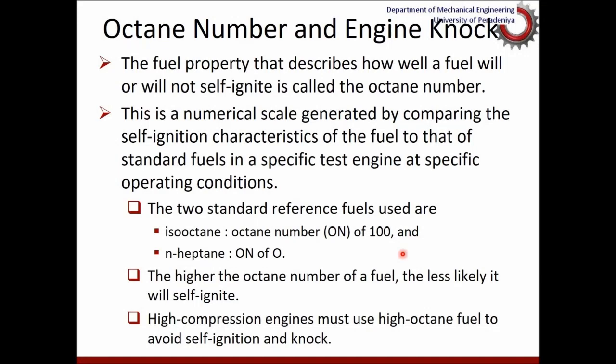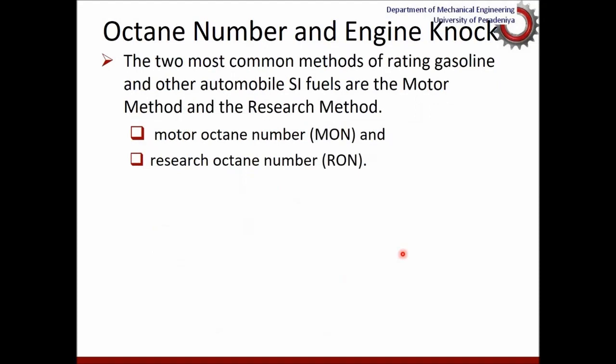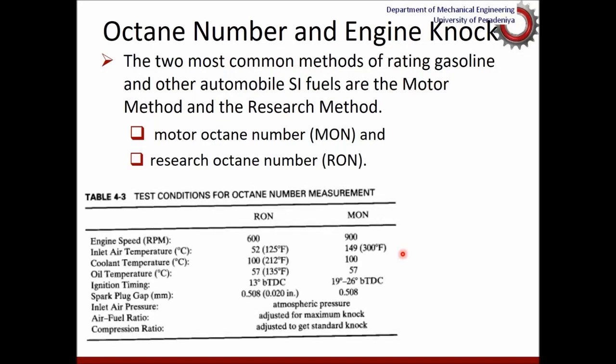So usually this octane number value is found experimentally using two techniques. One technique is called motor octane number, and the other one is called research octane number. And of course, there are standard test procedures to do this. And if you have done any training at Petroleum Corporation, you would have seen how this octane number is practically found.